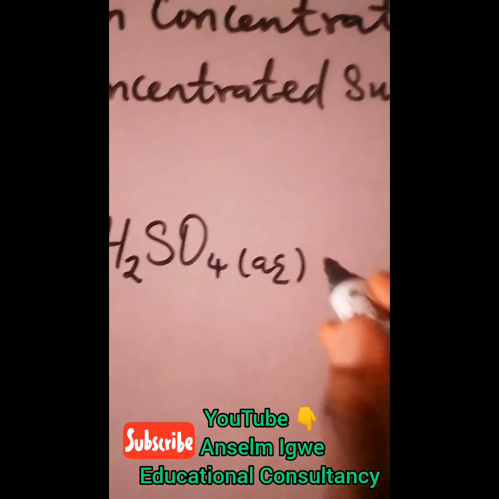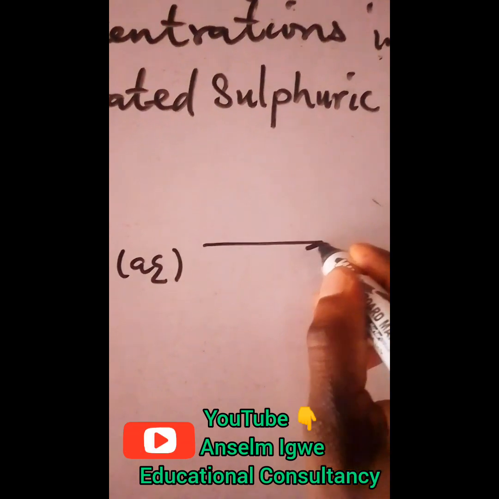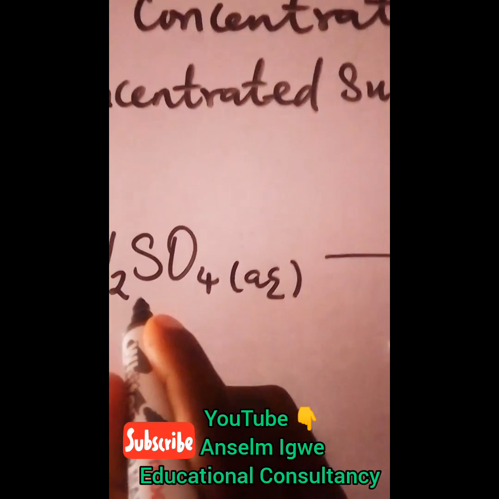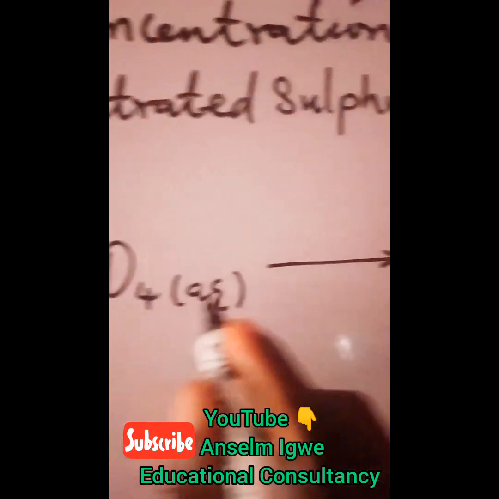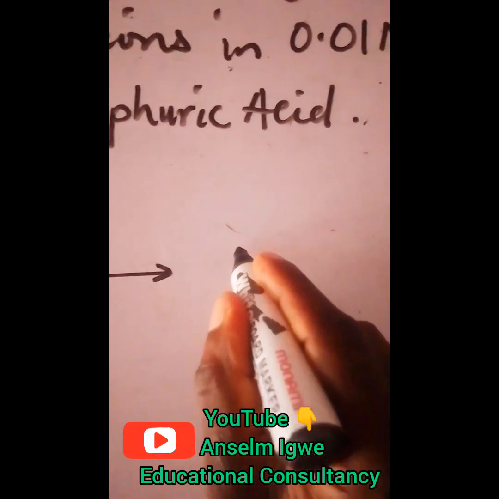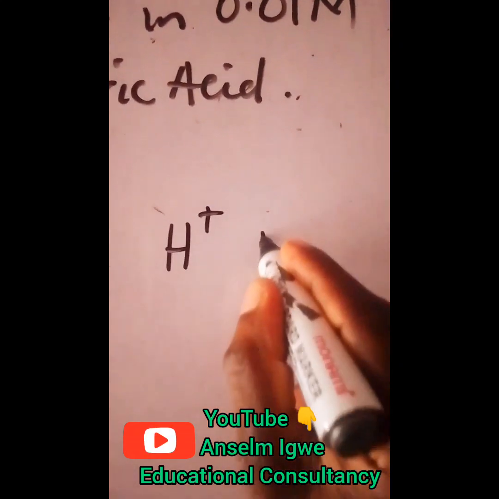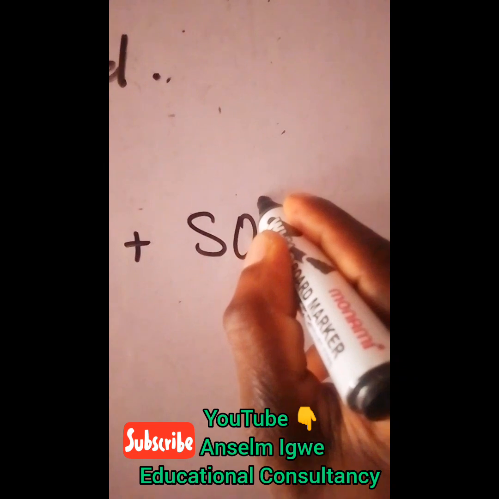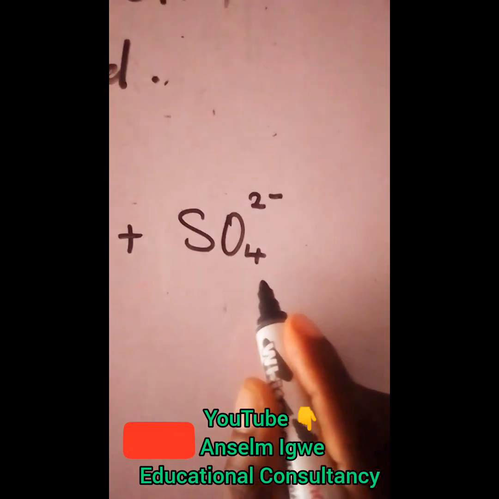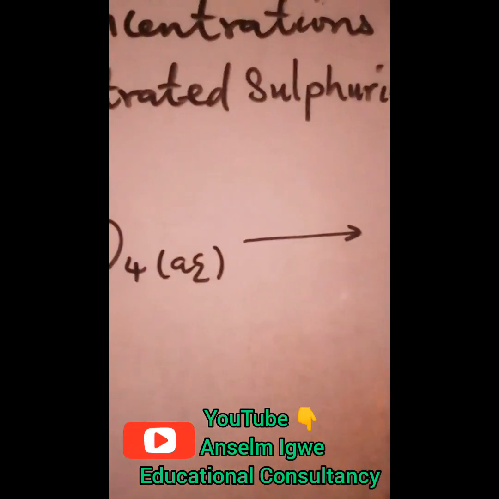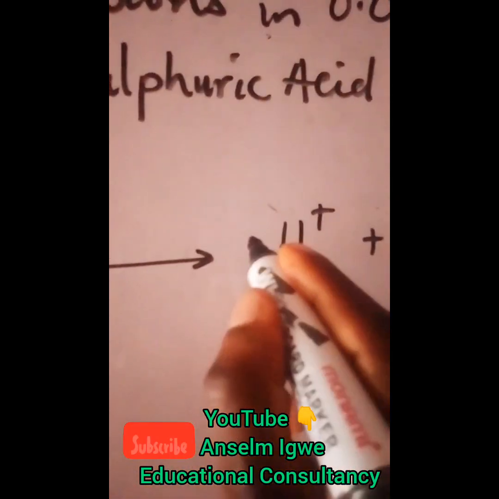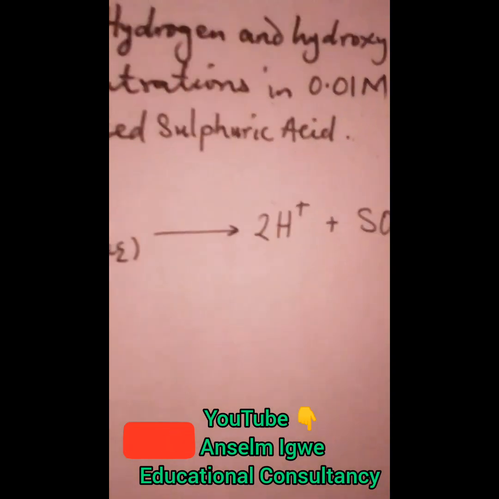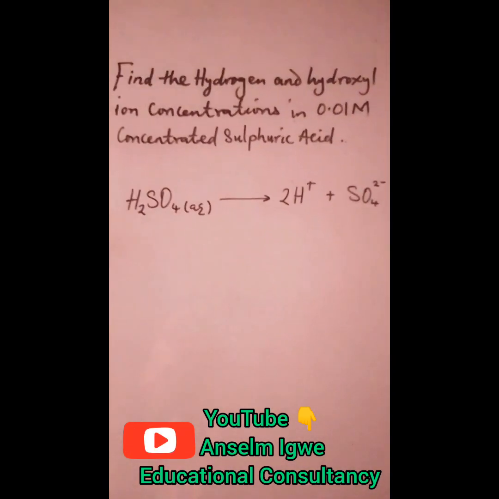When we ionize, the acid is dibasic, and it's also a strong acid, so it will completely ionize to give hydrogen ion and sulfate ion, or you call it tetraoxosulfate 6 ion. Now to balance the equation, hydrogen is 2 here, you write 2. This is the complete ionization of the acid.